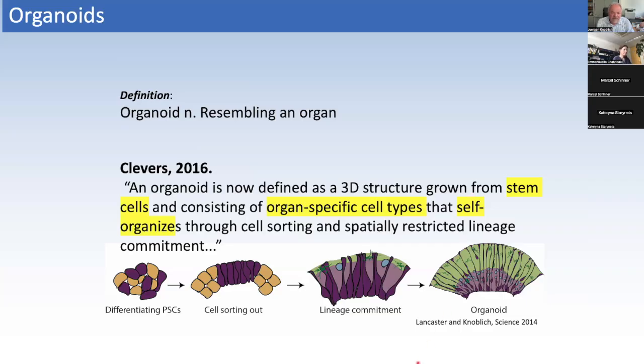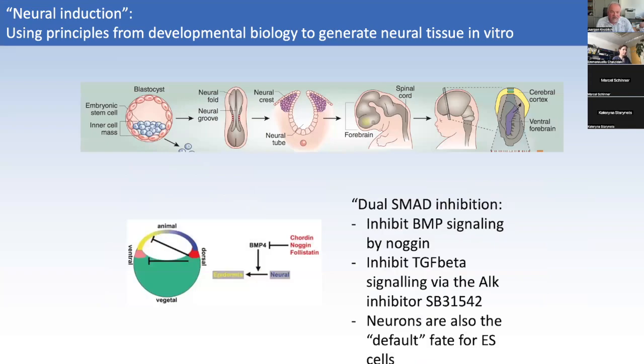Now, in the case of the brain organoids, organoid biology actually has a long tradition and is firmly rooted in a lot of two-dimensional cell culture that has been used to model brain development.